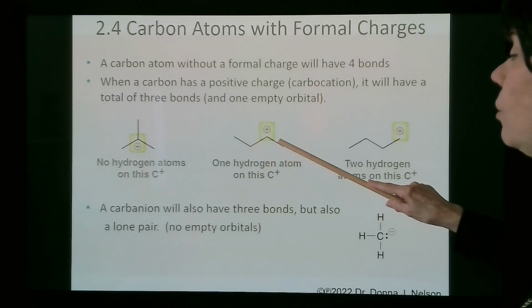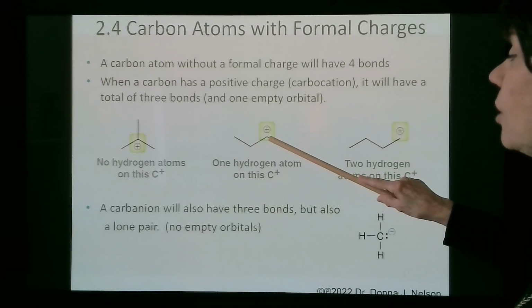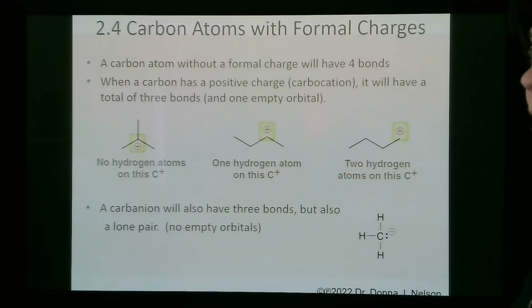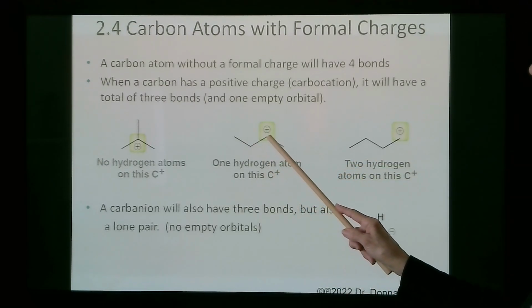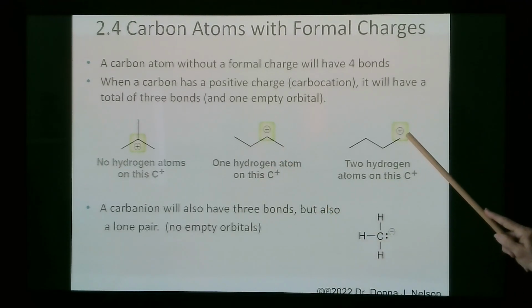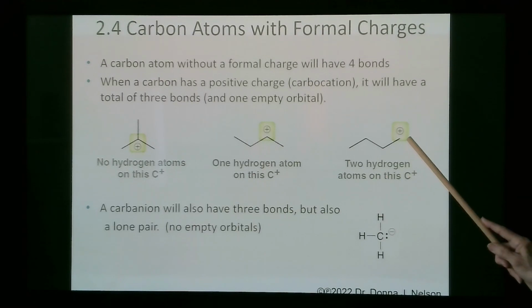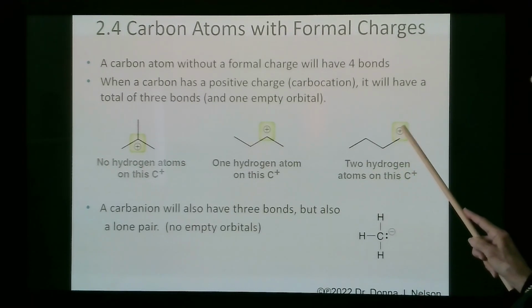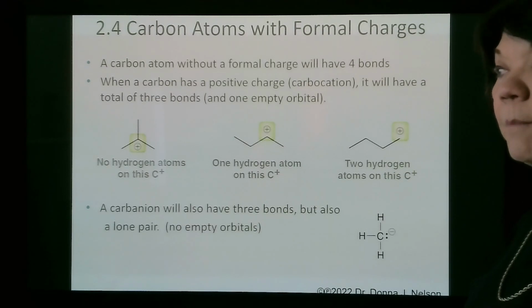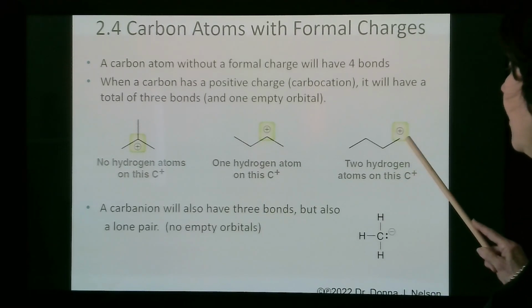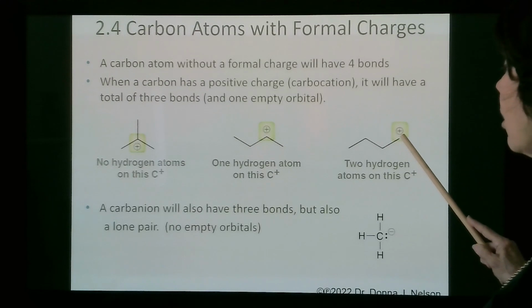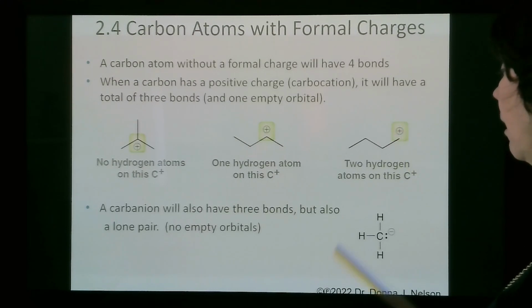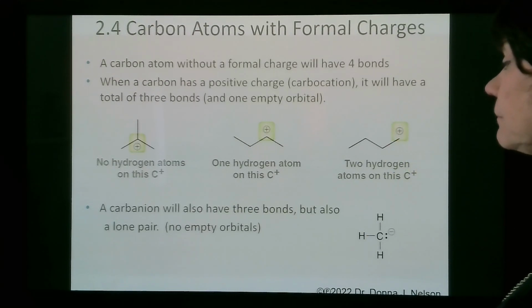Here only 2 bonds are shown, and so there is going to be a 3rd bond. There will be a CH bond at that carbon. Here only 1 carbon-carbon bond is seen, and since carbon has 3 bonds when it is bearing a positive 1 charge, then that tells you that there are 2 CH bonds at that carbon.